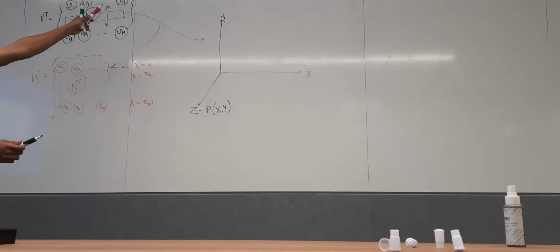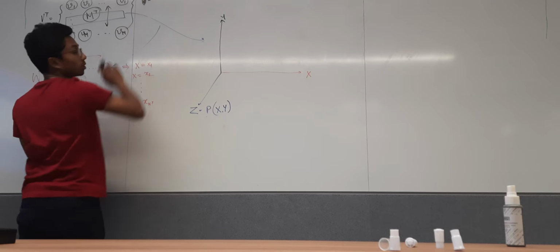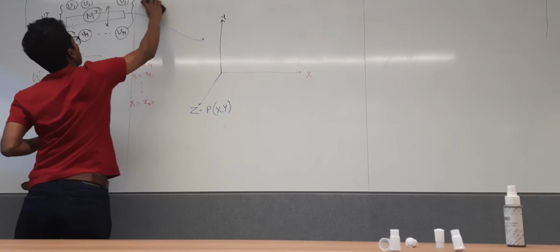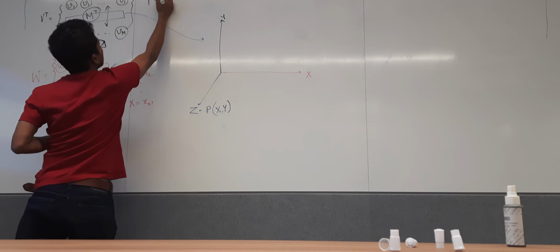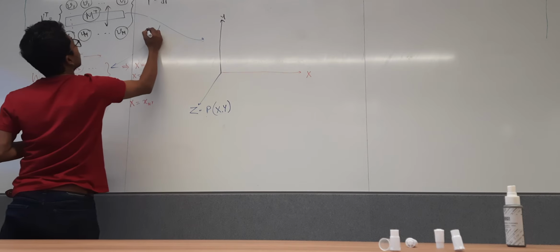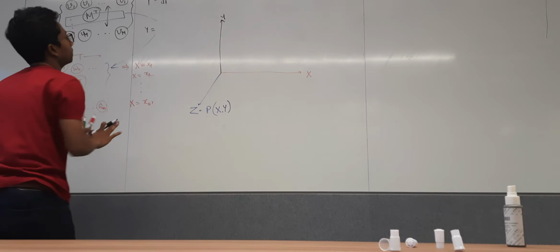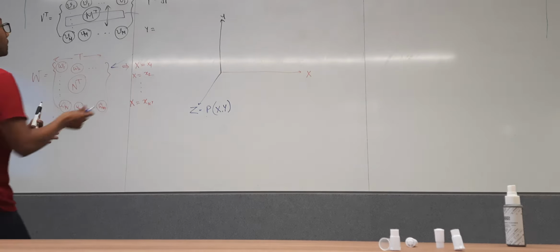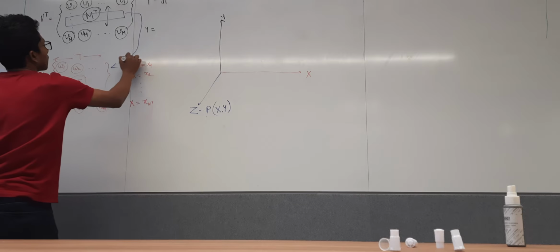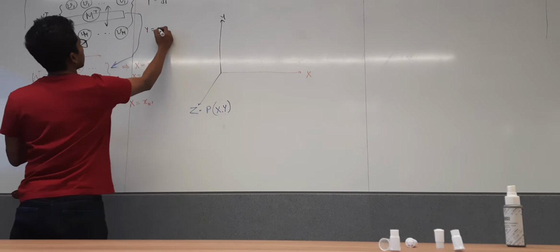Similarly, we can think of this one as y, a random variable that can take a particular value y1, and the last one y of m to the power t.